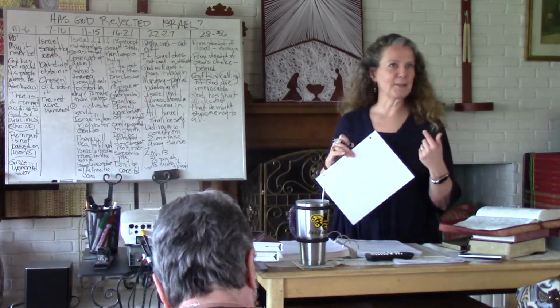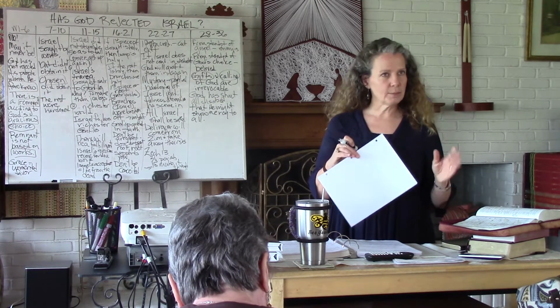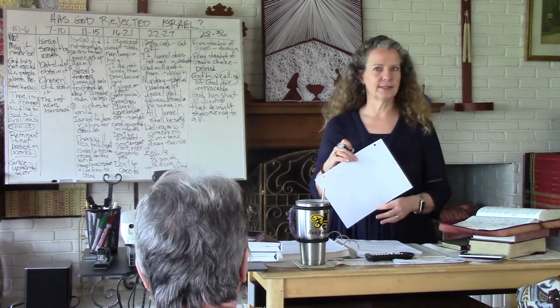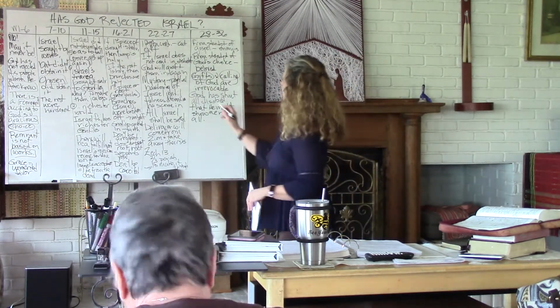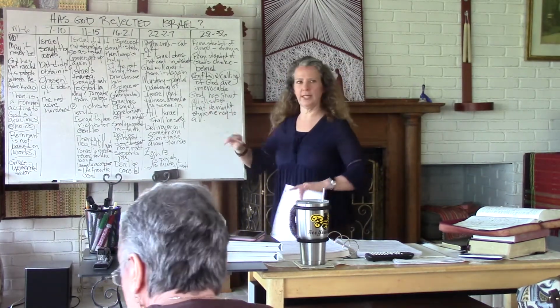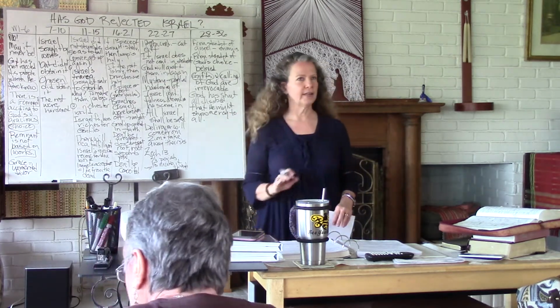You might want to explain that one to me. Does it mean that there is no more disobedience? That's not what this means. It doesn't mean that God has shut up all disobedience so nobody can disobey anymore. That's not what it means.